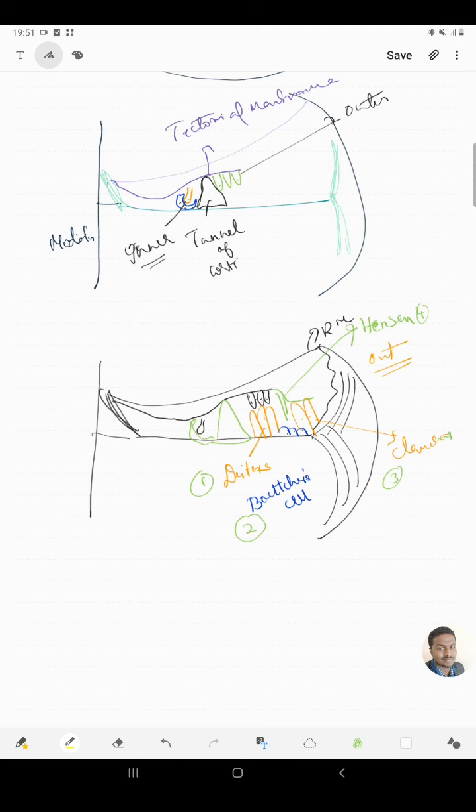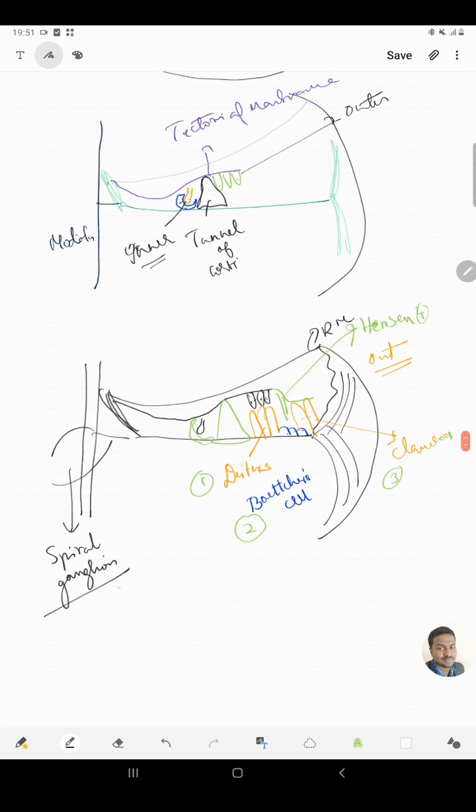Now this cochlear nerve has to come into this compartment. For it to come, it has to cross this osseous spiral lamina and this modiolus. Over here in the middle part of the bony cochlea, there is a place for the spiral ganglion. That is the spiral ganglion of that 8th nerve, the cochlear nerve.